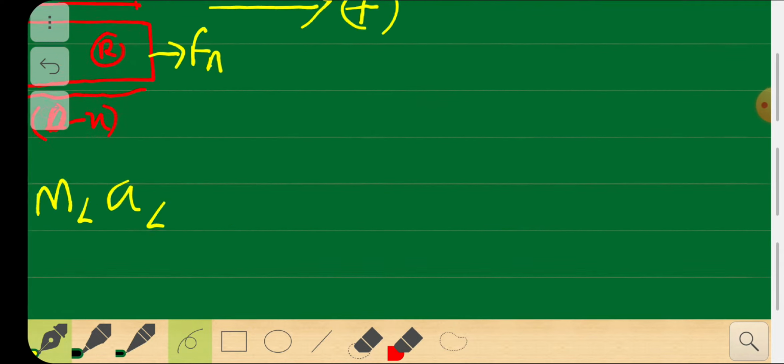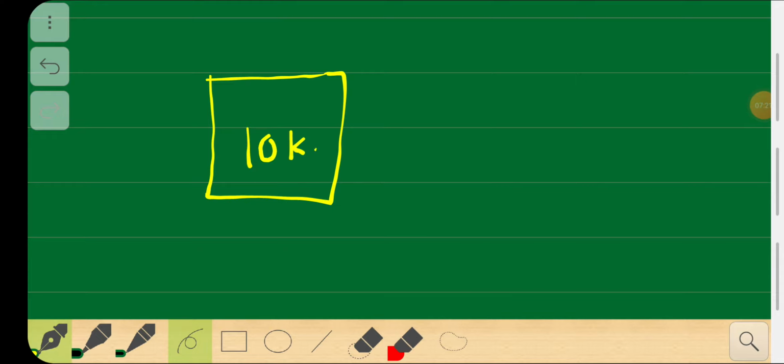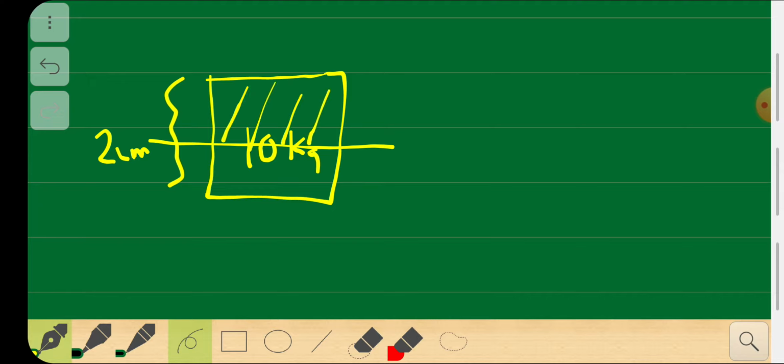For that I'm going to take a different space here. If you have, say, 10 kilograms, and you split it in half, and this had a height of 2 centimeters. Now if you split up the 10 kilograms, what will be the mass of one side?